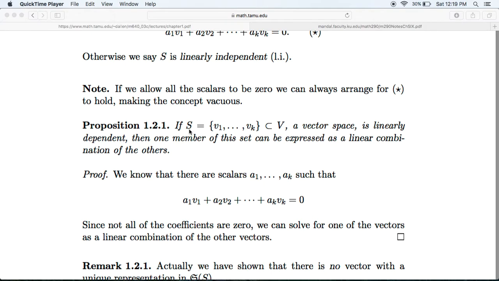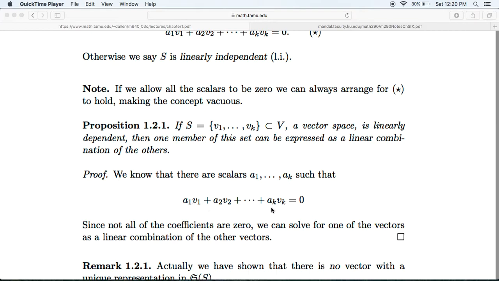Now there comes a proposition. If S is a subset of this form of a vector space V and it is known to be linearly dependent, then at least one member of this set S can be expressed as a linear combination of the others. This follows from the definition of linear dependence.